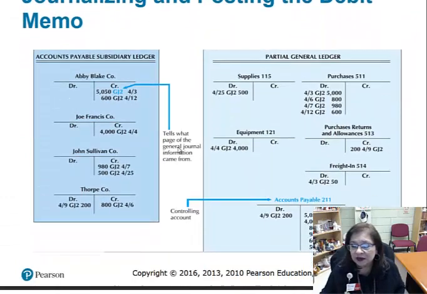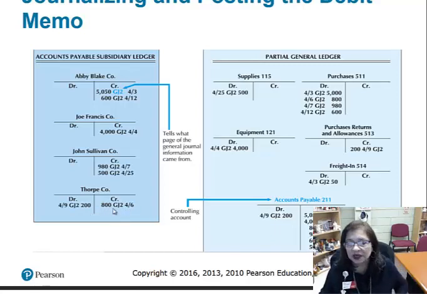So when we debit that, here we go. We had from Abby, right? Then we're showing our controlling account. Here we're showing the Thorpe Company. On the 6th, the one that we just did, we show where we purchased it, but now on the 9th we're showing where this is decreased.